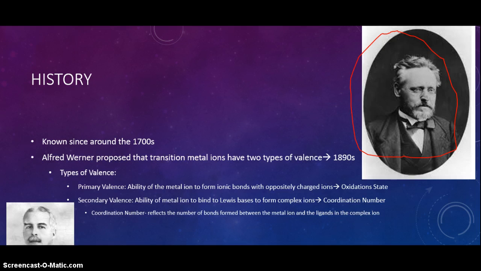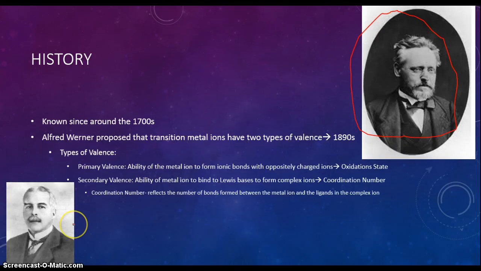He proposed the primary valence, which is the ability of the metal ion to form ionic bonds with oppositely charged ions, now known as the oxidation state, as well as the secondary valence, the ability of a metal ion to bind to Lewis bases to form complex ions, now known as the coordination number.